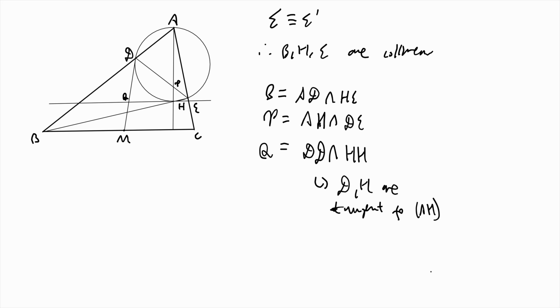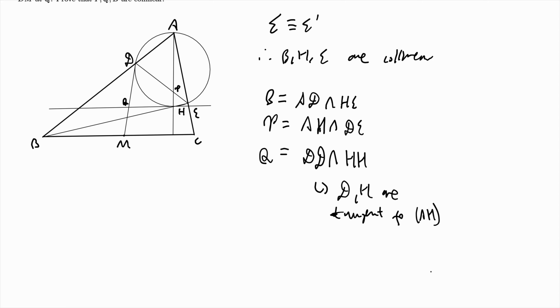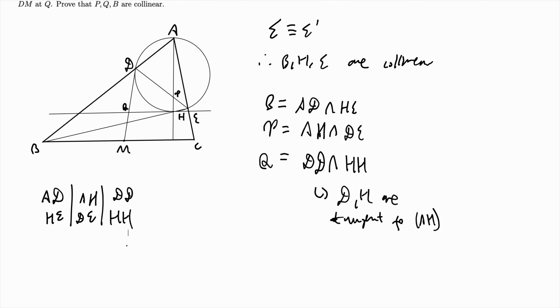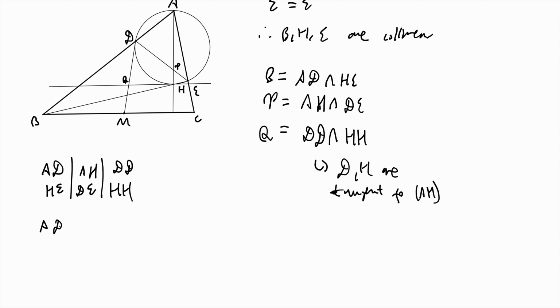Okay, then we're done, because we only need to write Pascal. So we want AD, HE to be together, AH, DE to be together, DD and HH to be together. Let's actually change the orders: DE and HH.